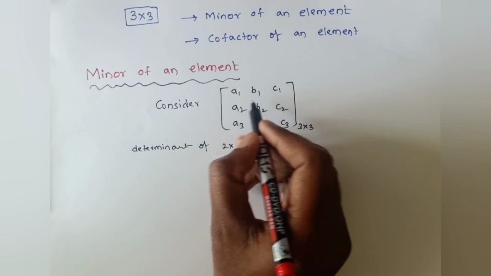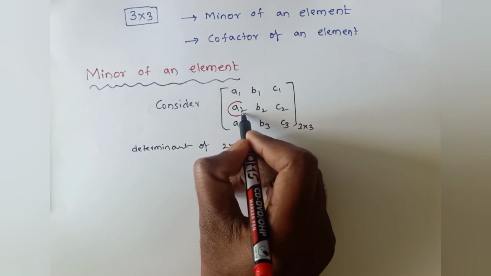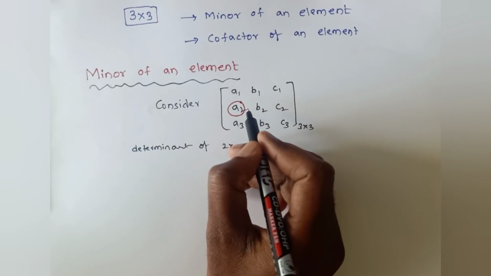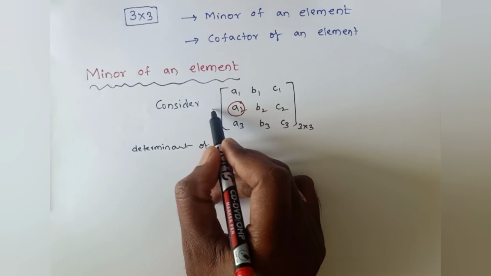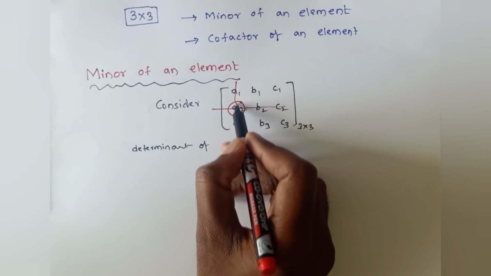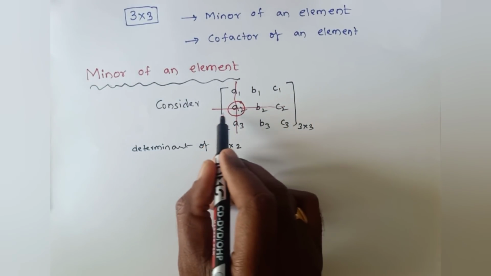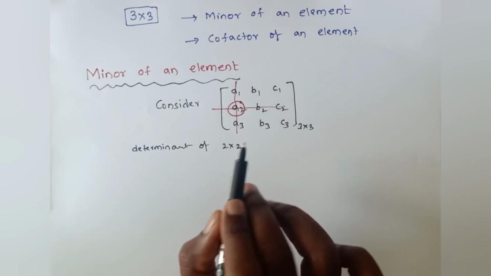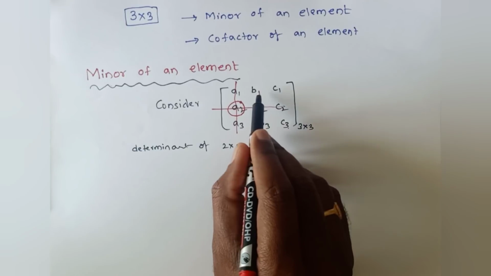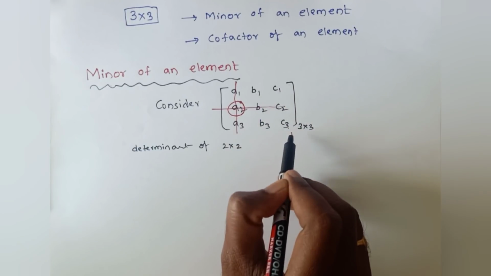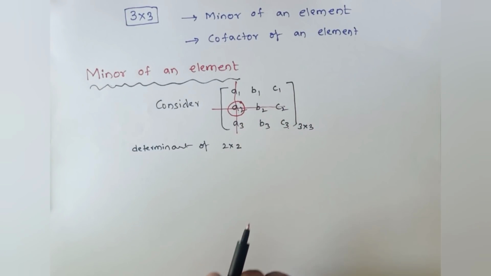For example, here you need to find the minor of this element. The definition says after deleting the corresponding row and column, right? If we delete this row and this column, the remaining elements are B1, C1, B3, C3. So the determinant of this 2 by 2 matrix is called the minor of A2.